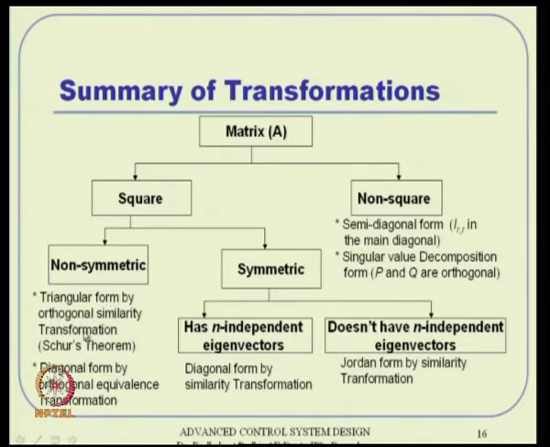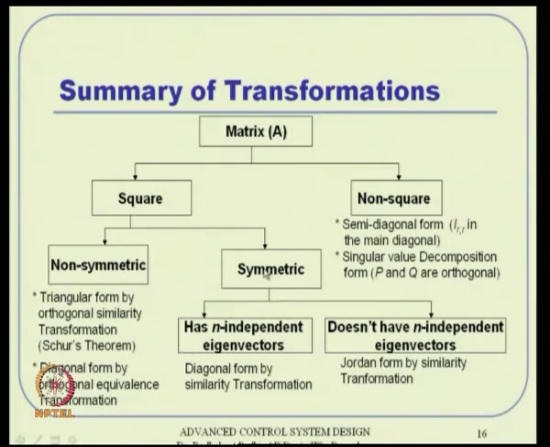Or I can go ahead and do the orthogonal equivalence transformation, like what I do here for a non-square matrix. I will do the same thing here, and I will still end up with a diagonal matrix, but in the diagonal elements I will get singular values.